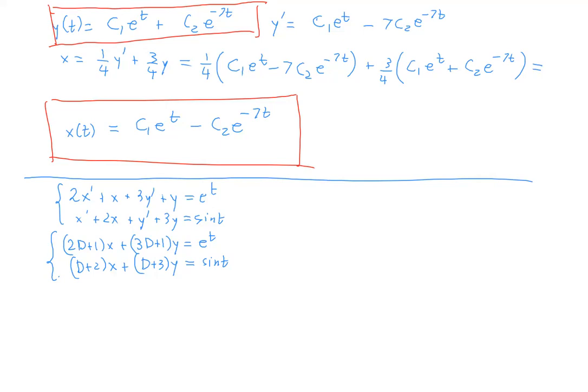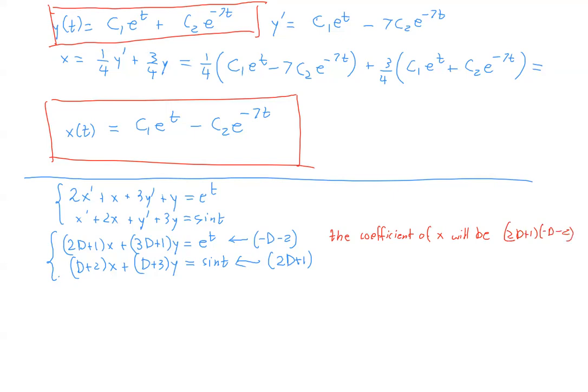Let's say if you want to eliminate x, you should multiply this equation by negative D minus 2, and this equation by 2D plus 1. Do you all see why this is true? Because if you multiply the first one by negative D minus 2, then the coefficient of x will be (2D plus 1) times (negative D minus 2).